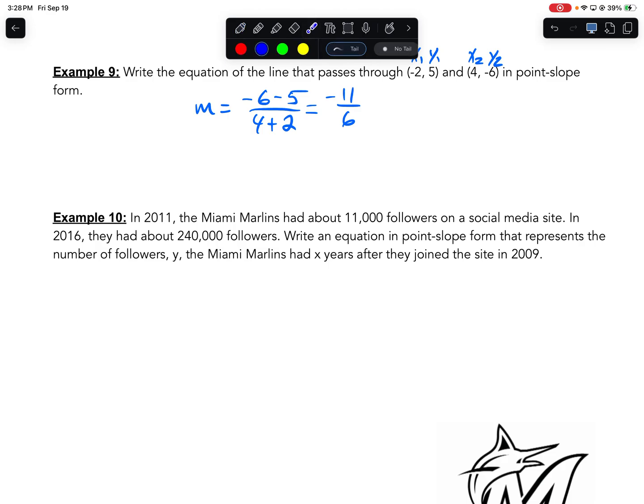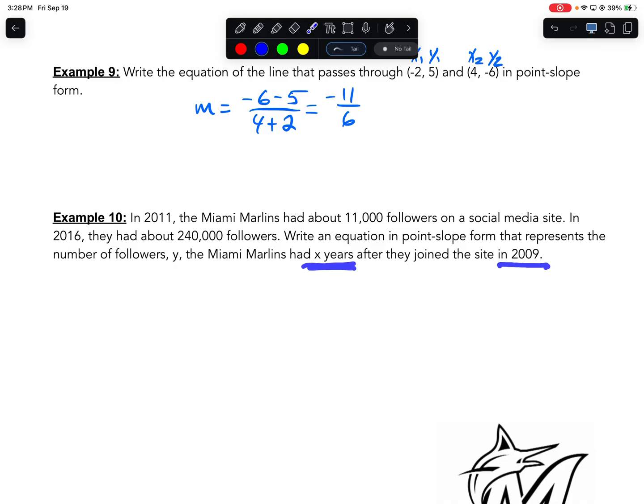In 2011, the Miami Marlins had 11,000 followers on social media. In 2016, they had 240,000 followers. We're going to write an equation in point slope that represents the number of followers, y. So followers is y. The Miami Marlins had x years after they joined the league in 2009.